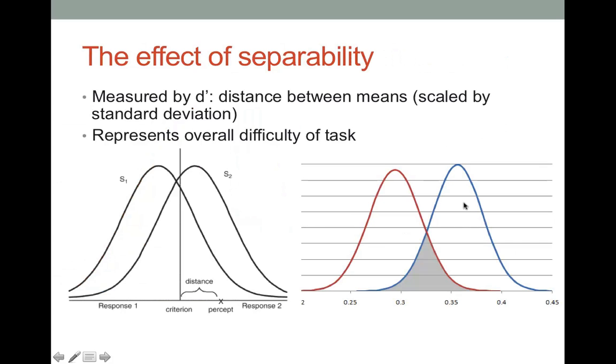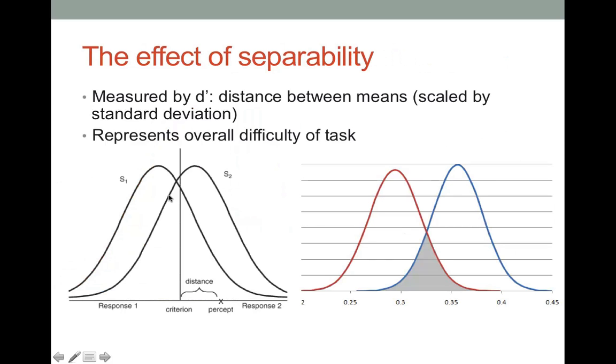You could picture if these two distributions were separated out by a lot, then we would be able to put a criterion between them so that only a little bit of the bird distribution would fall on the right side of the criterion, and only a tiny bit of the plane distribution would fall on the left side, because they'd be far enough apart that we could be really good at it, and we could get maybe 99% hits and 99% correct rejections and only have a few errors.